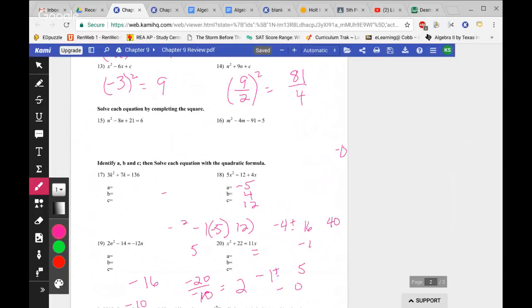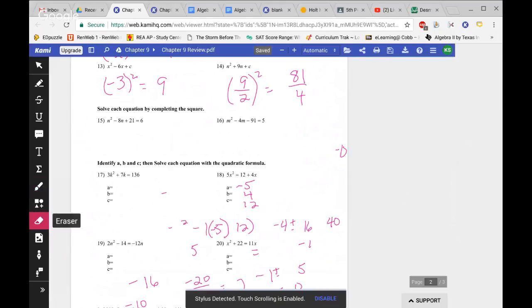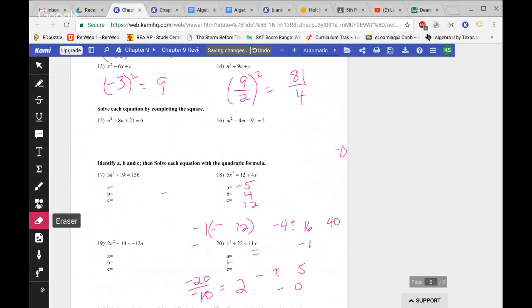Okay, here we go. Try this again. No, it locked up again. Come on. Why? Why does it do this?